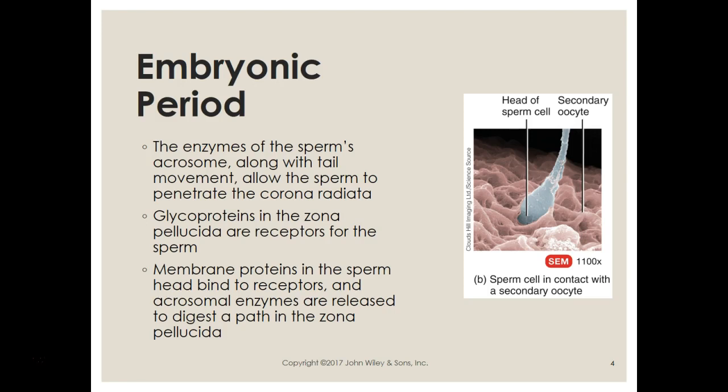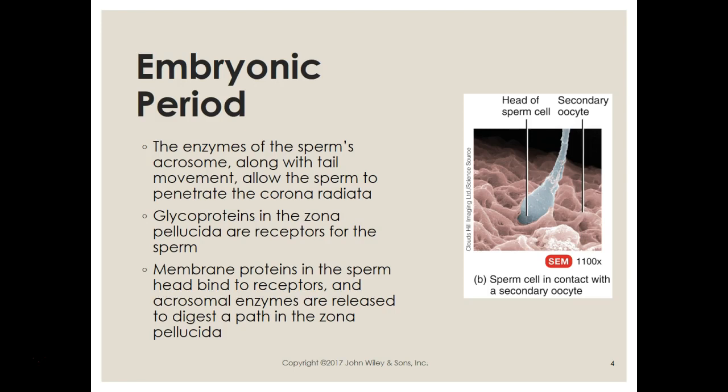So a fusion of the sperm cell with the secondary oocyte sets in motion a series of events that blocks an action called polyspermy, which is fertilization by more than one sperm cell. So within just a few seconds, the cell membrane of the oocyte depolarizes, and that triggers the release of a lot of calcium ions inside the cell.